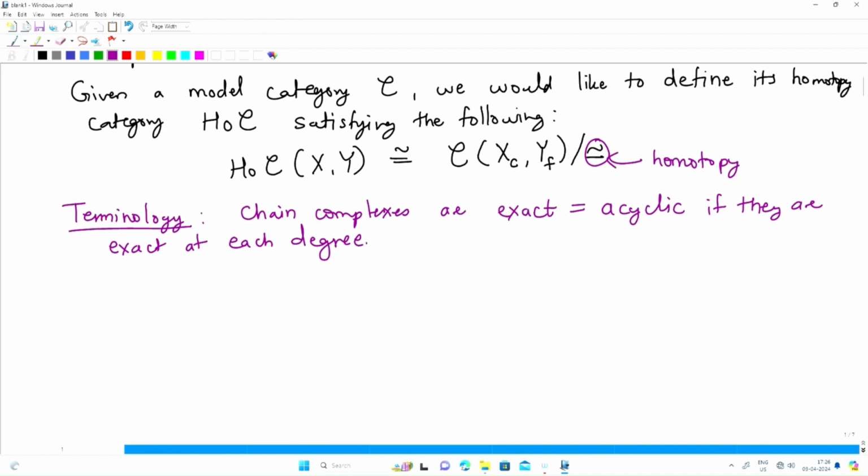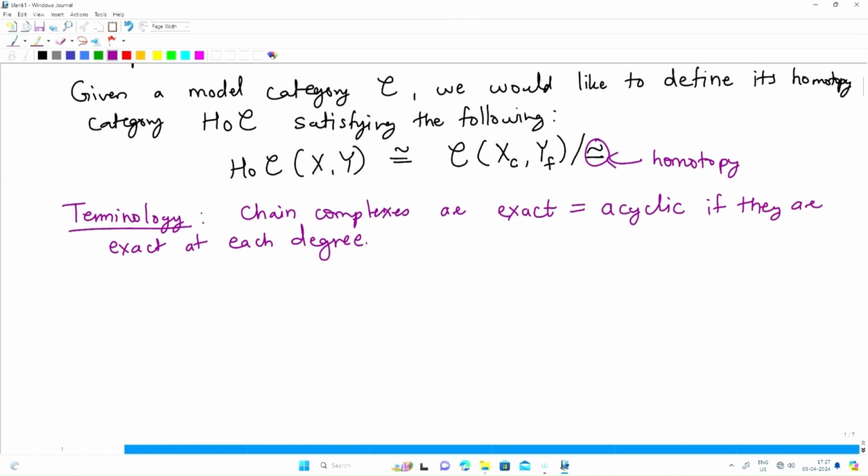So acyclic chain complexes. Now normally when we want to describe some property of maps and property of objects, if you remember when we were talking about Serre subcategories, the class of morphisms with respect to which we wanted to localize the multiplicative system was generated by using those morphisms whose kernel and cokernel lie in the Serre subcategory.